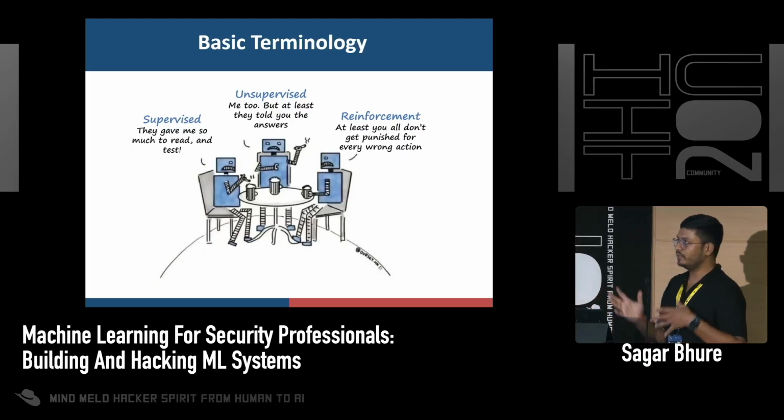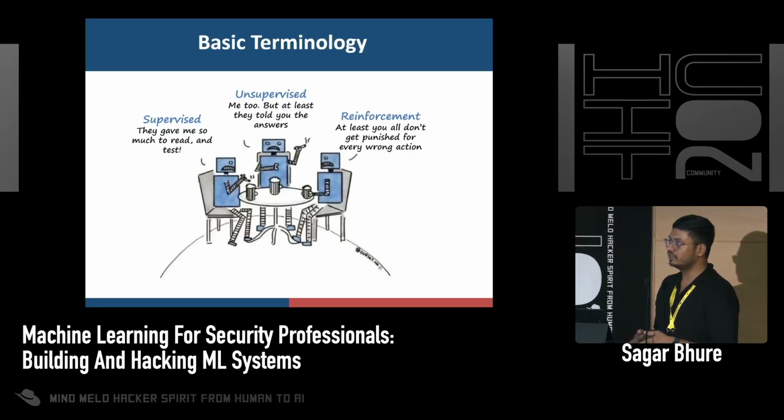In machine learning terminology, supervised learning is when you have a labeled data set. If you are trying to segregate data between a cat and a dog, you have images which are labeled saying that these are cat images and these are dog images. That's supervised learning. Let's say you have images in a folder named just one.jpg, two.jpg, and so on till thousand.jpg.